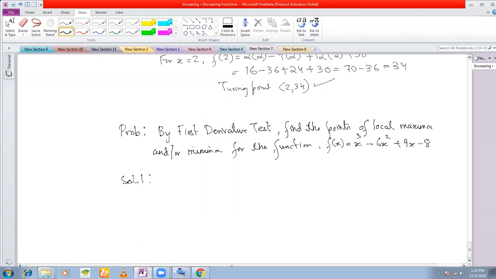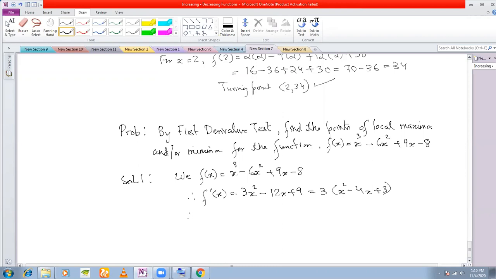Then we'll see what maxima and minima is. Okay, so we have f(x) = x cube minus 6x square plus 9x minus 8. Differentiate this, you will get 3x square minus 12x plus 9. You can take 3 common, you'll get x square minus 4x plus 3.